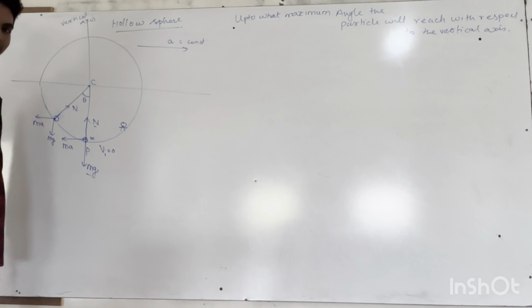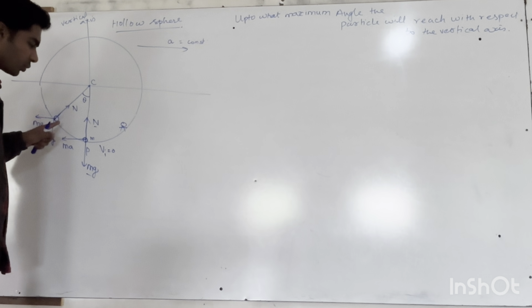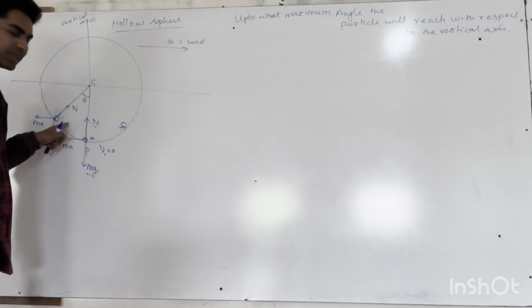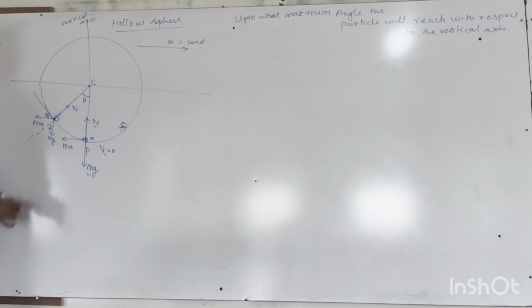The normal has changed its direction. If we try to see the components which are balancing the normal, so this particle stays in contact with the surface, the component will be along this line. This angle will be theta, and if I draw a tangent here, this angle will also be theta.